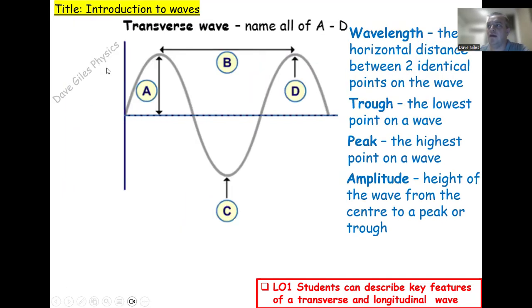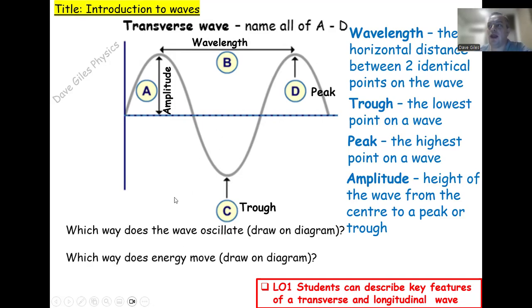So A here is the amplitude. B is the distance from one of these top bits to the other top bit. That is the wavelength. This bit here at the very bottom of the wave is the trough. And this bit at the top is what we call the peak, the highest point in a wave.